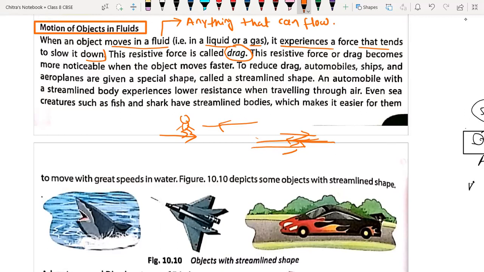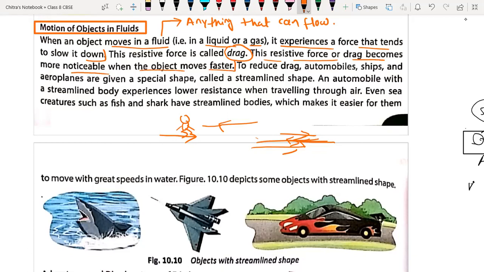If you are applying the brake on a bicycle, car or motorcycle, that is nothing but drag only. This resistive force, or the drag, becomes more noticeable when the object moves faster.